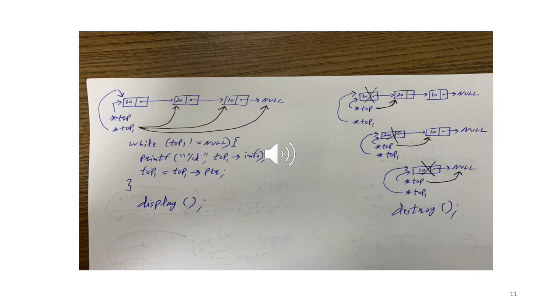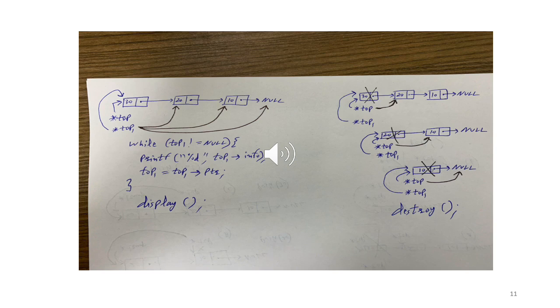So for void display, the first line of code is top 1 equal to top. So now top 1 will be pointing to the node with the info 30. Because we don't want to change the value of top at any point of time, we'll use top 1 to walk across the stack.